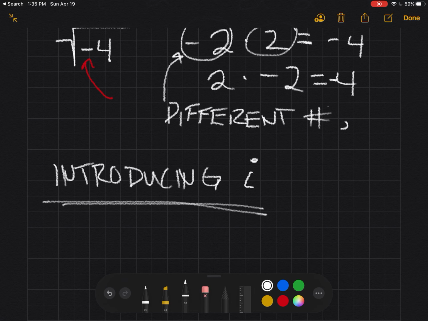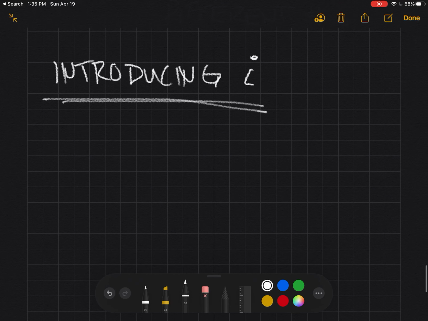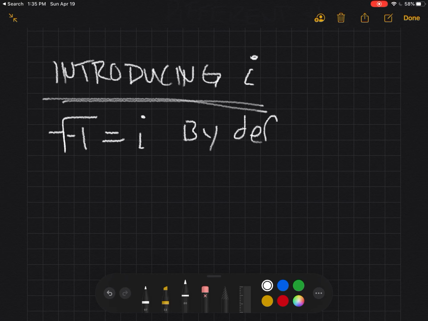They're different numbers. So the square root of negative 4 doesn't have an answer until we introduce i. Introducing i. So i is the number that's going to help us handle that square root of negative 4.